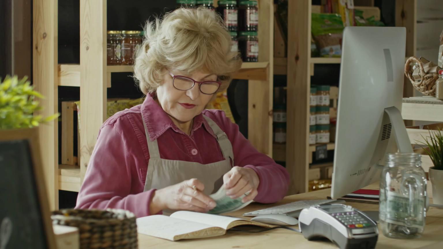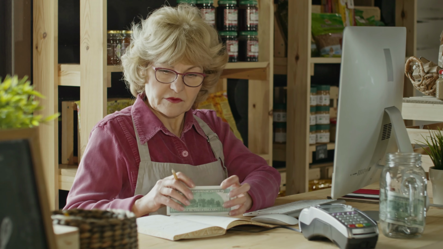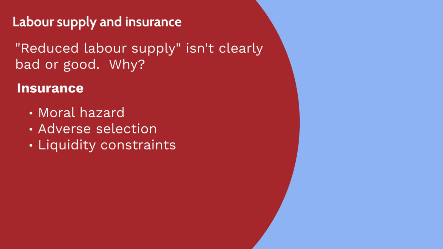If there's some way you could pool that risk by working together and insuring, there wouldn't be a need to save as much. And within that construct, we have this idea that there are liquidity constraints that people face. They can't borrow based on future income. They can't pool risk amongst each other. And given that, there is a clear benefit from offering public insurance, the cost being moral hazard.